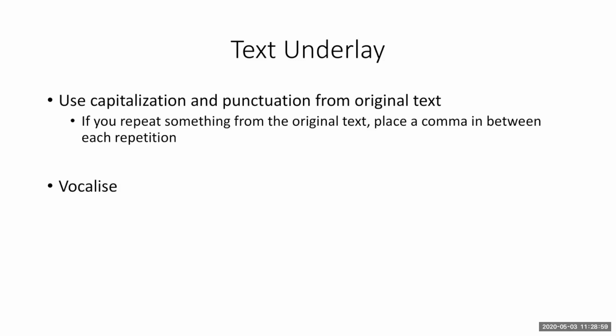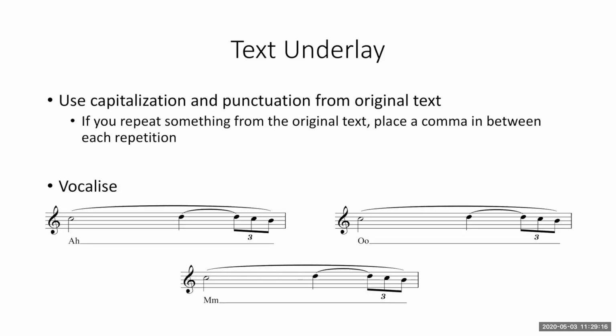And if you are setting something that doesn't have words with meaning, you're just using vocal sounds or vocalese, you would still show that in the music. Here's a few examples of common syllables that you might use for vocalese.